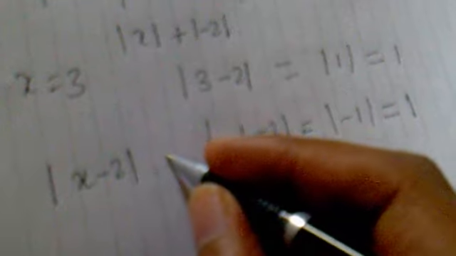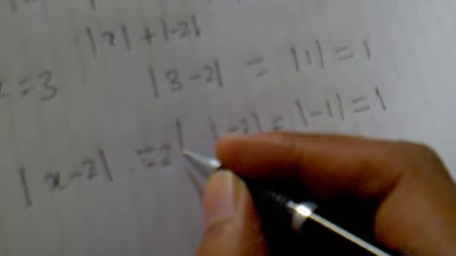Now we are going to do this problem the other way. Let's start from something a little simpler. Suppose you have a number whose absolute value is 2. What could that number be?